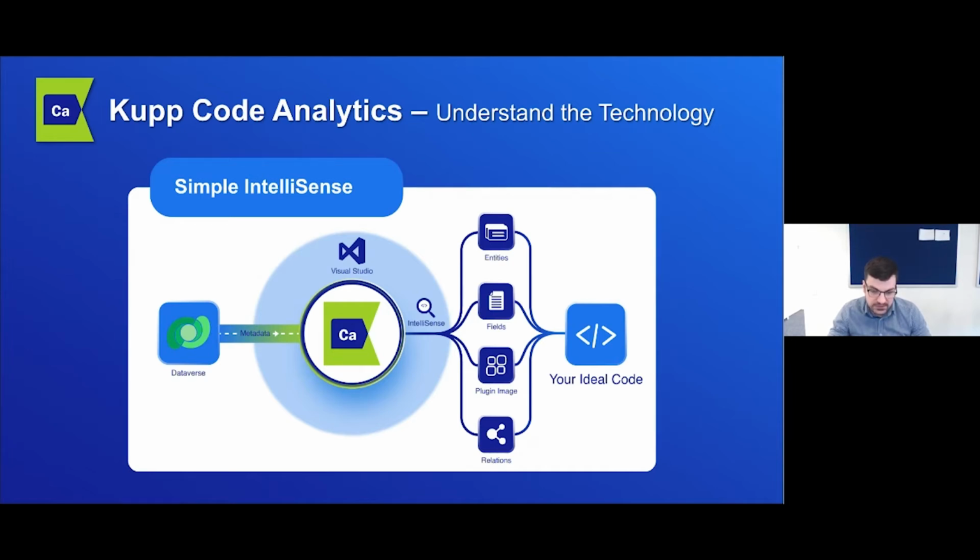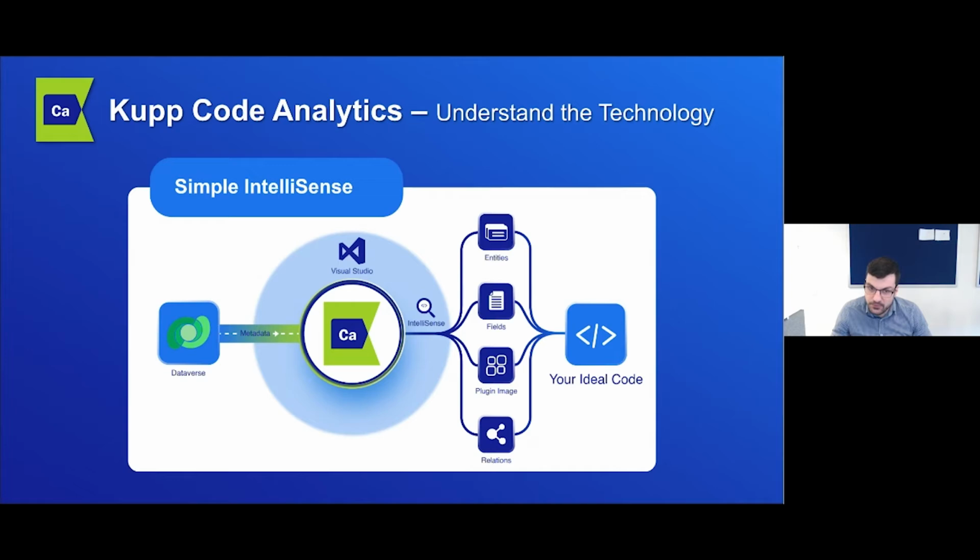So what is needed right now? And if we're in a context where we need the name of plugin images, we will provide that information immediately. So you don't have to take a look at the registered plugin. You don't have to open up the plugin registration tool and take a look at the step and so on, because you have it directly in your IntelliSense session. And the same thing works, of course, for relations.